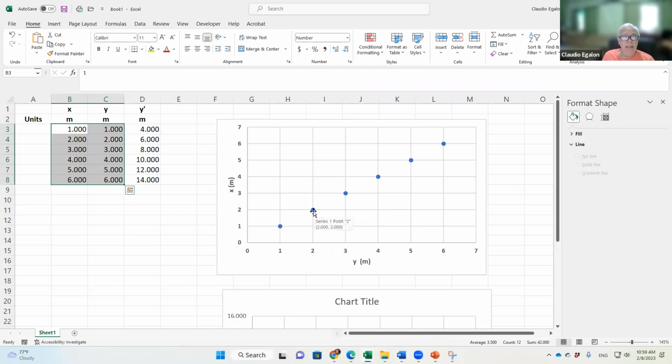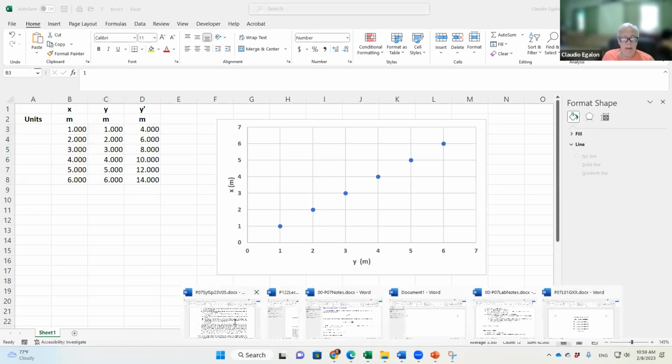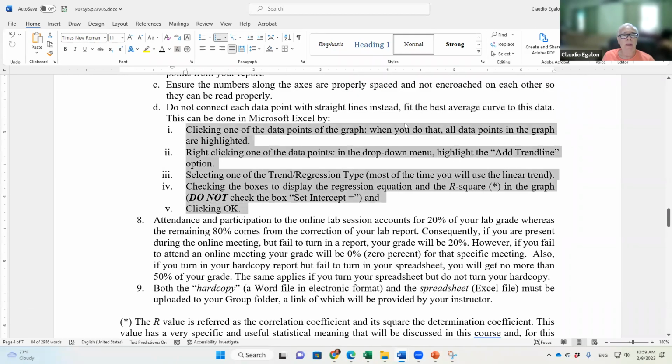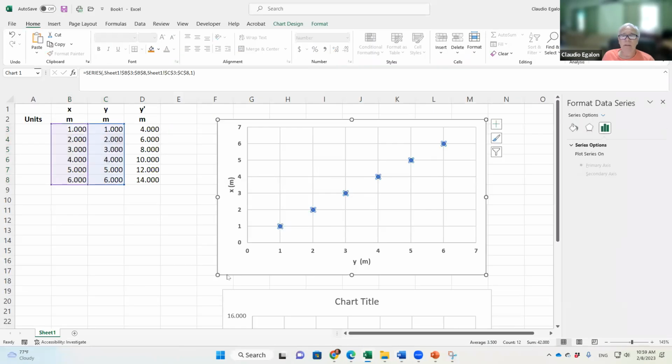Okay, we're going to use the trend line function of Excel, and everything is documented here in my syllabus. Okay, click one of the data points. When you click one of the data points, all the data points are highlighted.